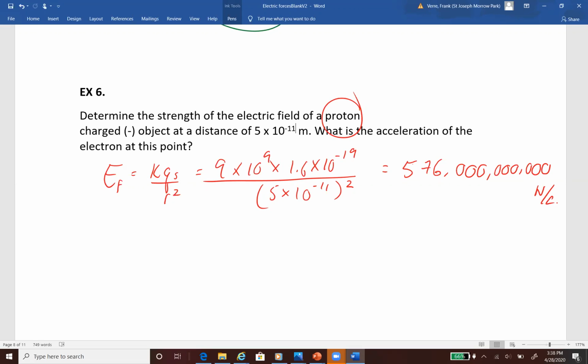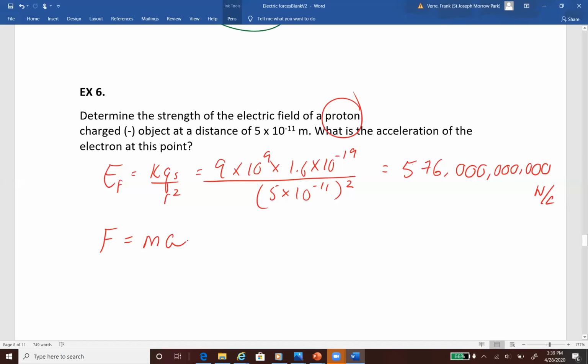Now, the follow-up question is, what is the acceleration of the electron at this point? So we can easily work out the force, right? We know that F equals ma.